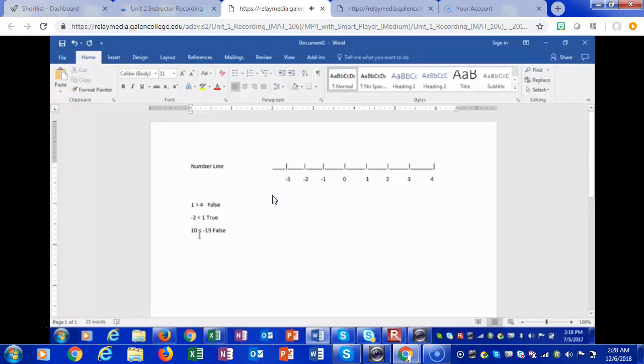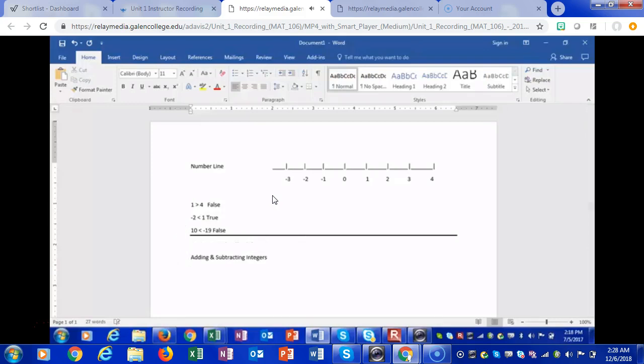Let's talk about adding and subtracting integers. First of all, integers are whole numbers.